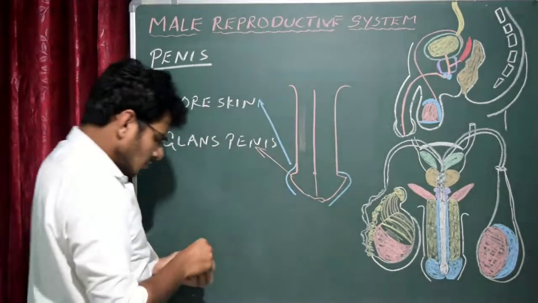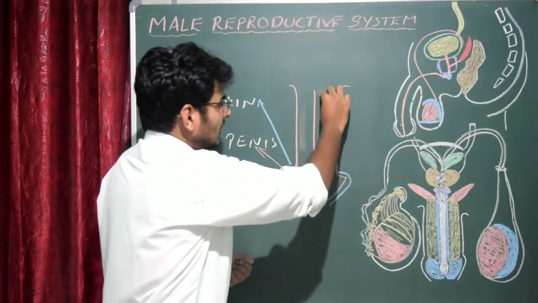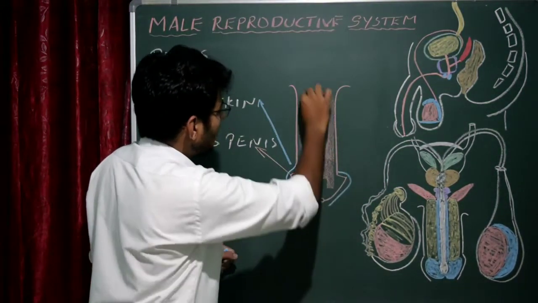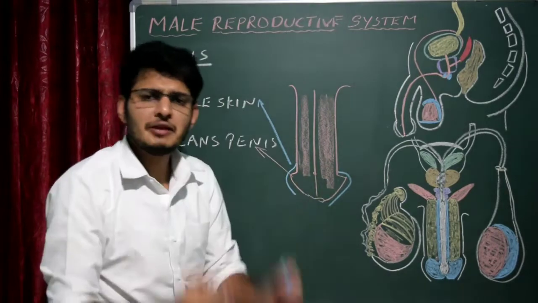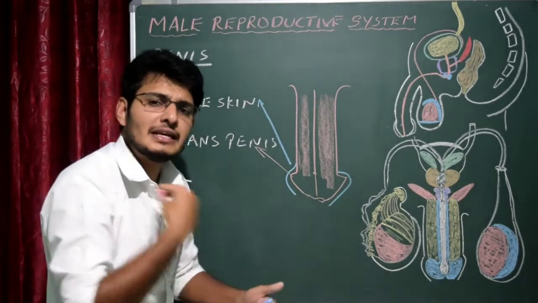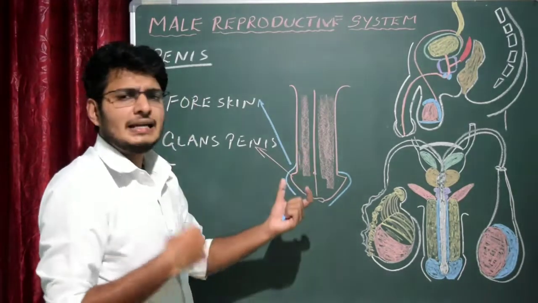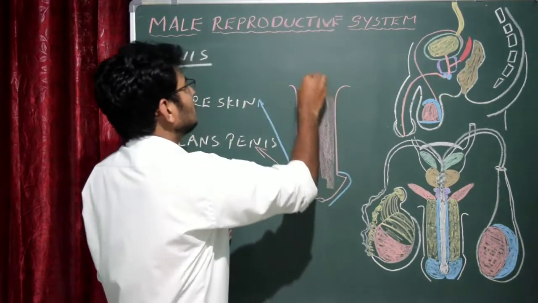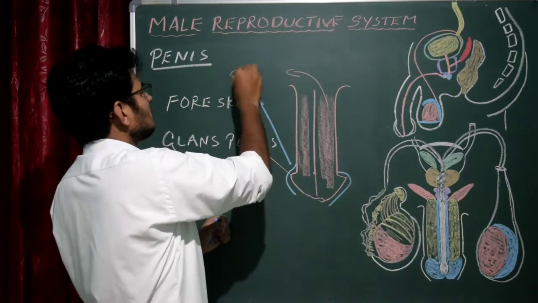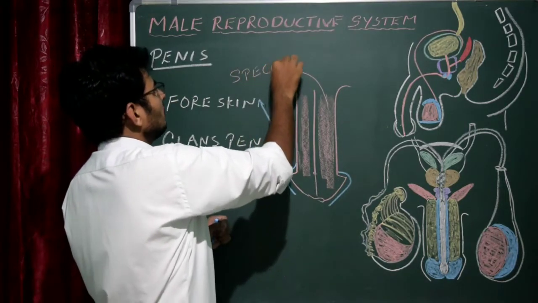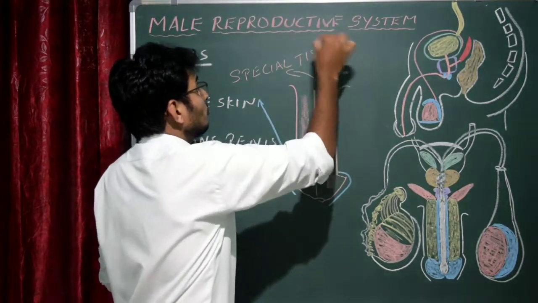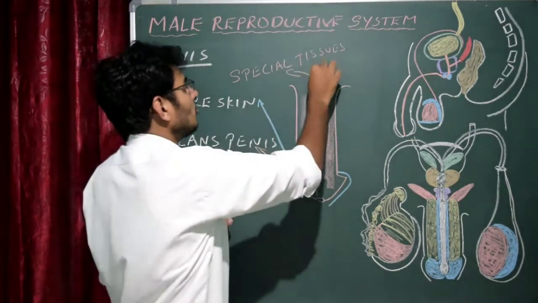One more thing: for sexual intercourse, maintaining the erect posture of the penis is very important, for the insemination process. How exactly can the erect posture be maintained? It is maintained by special tissues within the penis, which contain a lot of blood vessels.